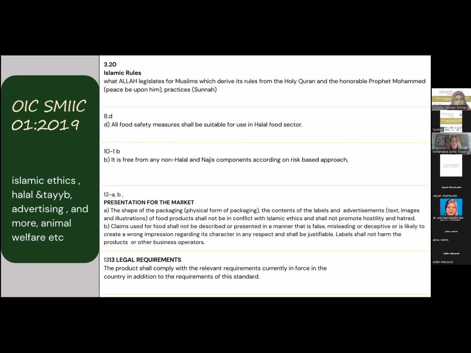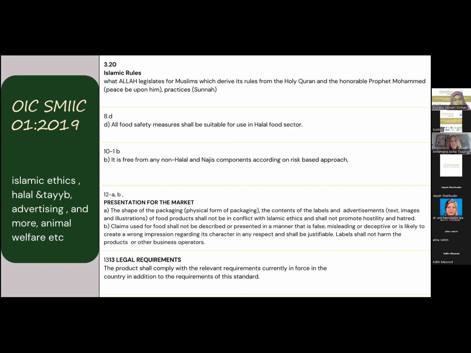So we have two different points of view: the ethics that the company must apply and the ethics that the certification center must apply. In OIC/SMIIC 1, the standard related to food, which is intended to be applied in the 57 OIC countries, OIC standing for Organization of Islamic Cooperation, we have a lot of sentences that regard the ethics to apply.